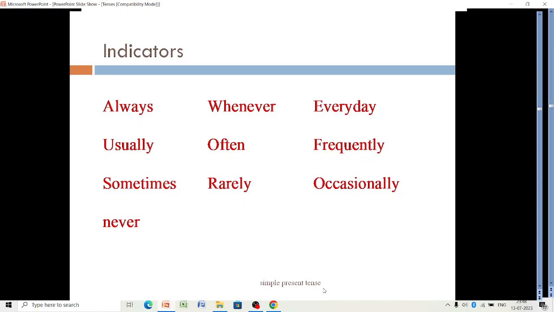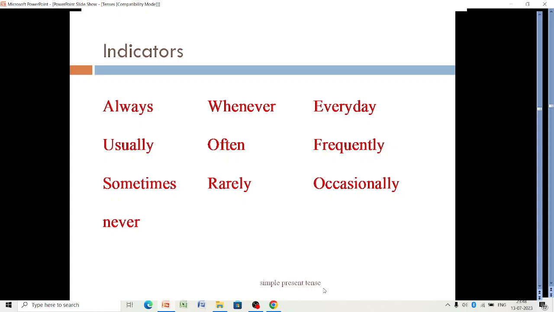I usually play cricket in the evening. Whenever he comes to my home, he brings a lot of sweets. Sometimes he accepts the defeat. Rarely, every day, frequently, occasionally. These are the indicators which are used in simple present tense.